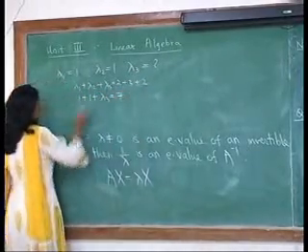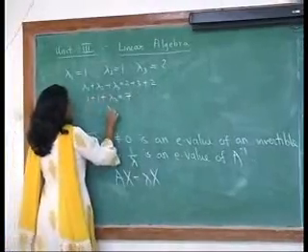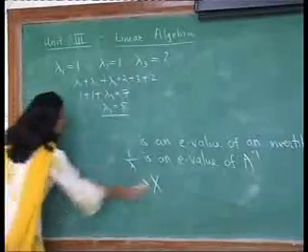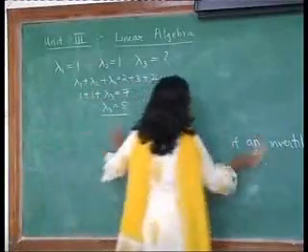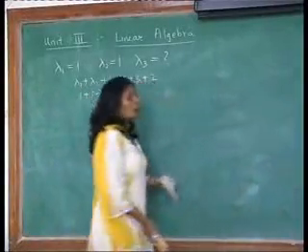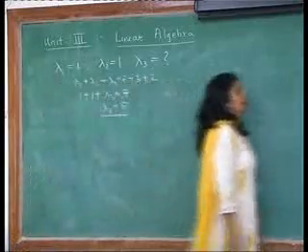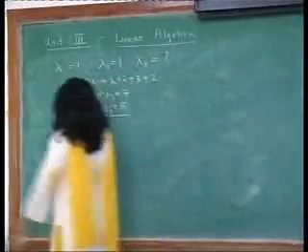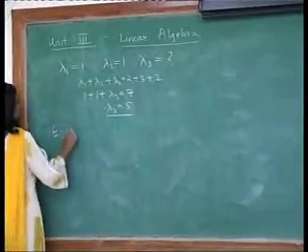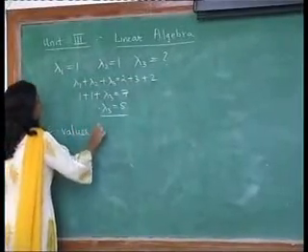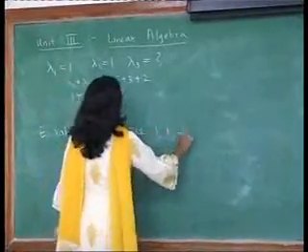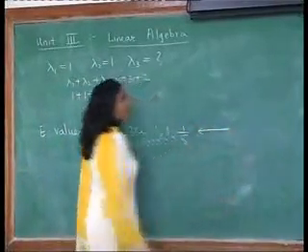This will be 7. So lambda 3 will be equal to 5. And once you know the eigenvalues of A, just take their reciprocals, you get the eigenvalues of A inverse. So eigenvalues of A inverse are 1, 1 and 1 by 5.